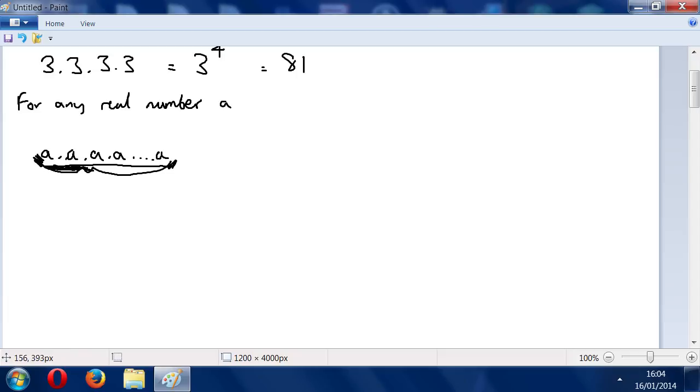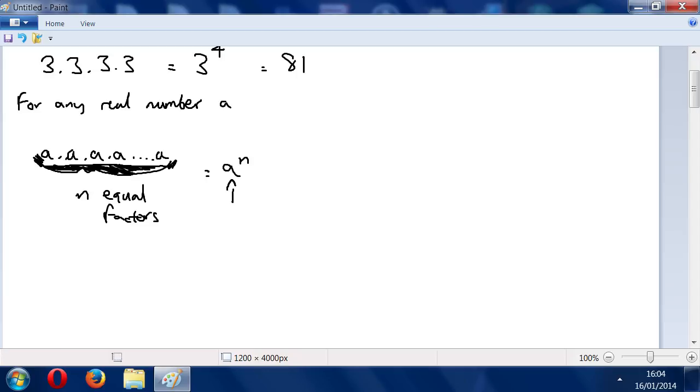There's no real need for a giant rotated curly brace. So for any real number a, there are n equal factors, all of which happen to be a, and this will give us a to the n.